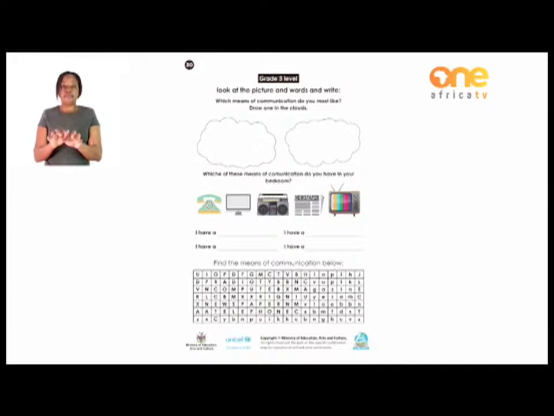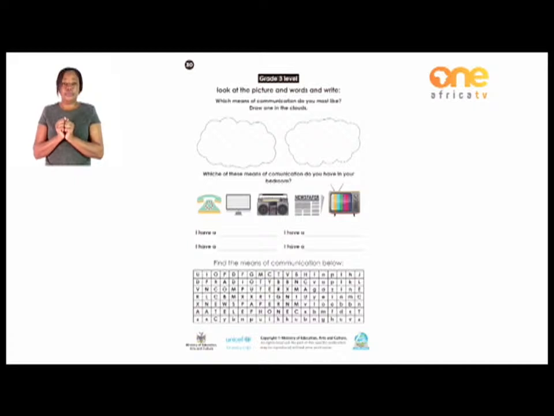Fill them in. After you have done that, you must find their names in this word search, which is below. Find the means of communication below. All those communication tools that we have learned, I want you to find them here in this word search. They are there. Just find them and circle them, and you should be able to read them.